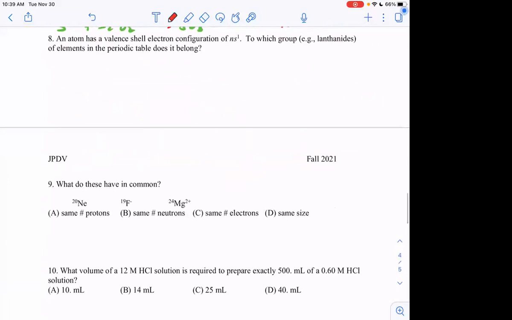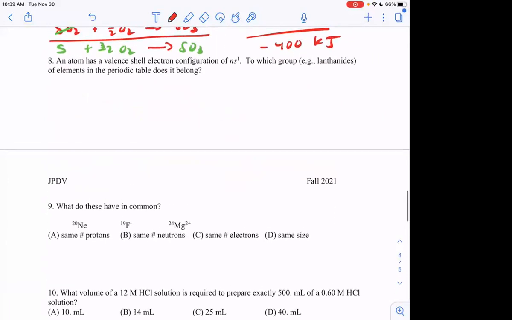An atom has a valence shell electron configuration of ns1. To which group of elements in the periodic table does it belong? It wants the name of that group rather than just saying group 1.